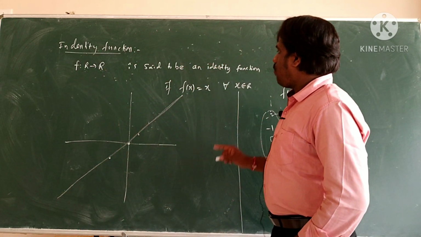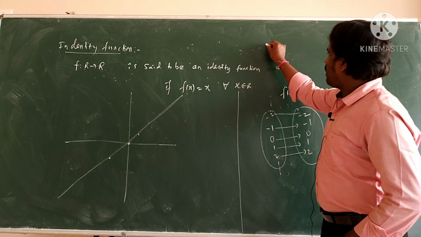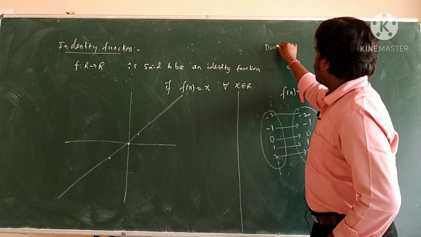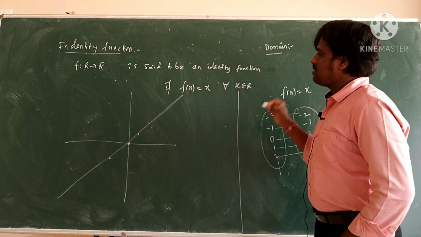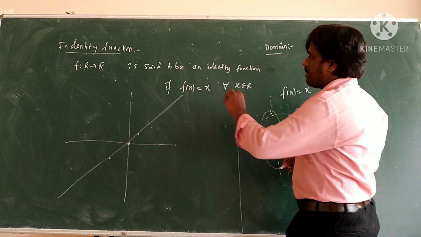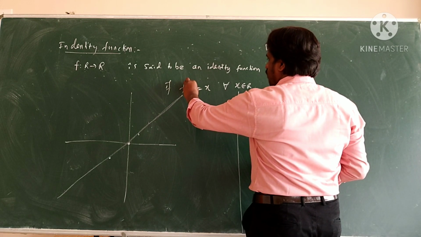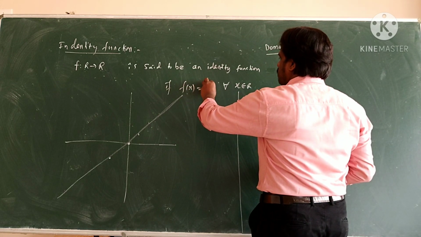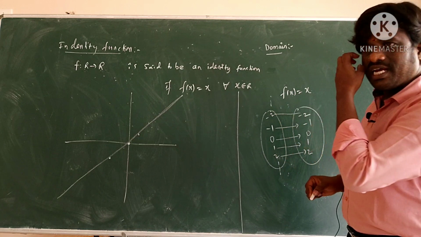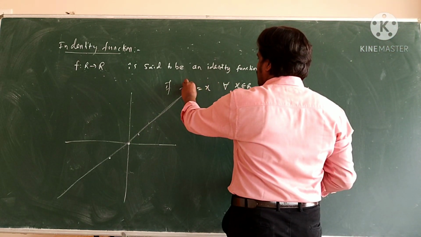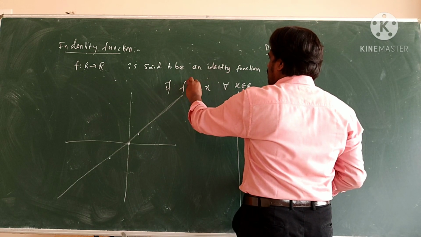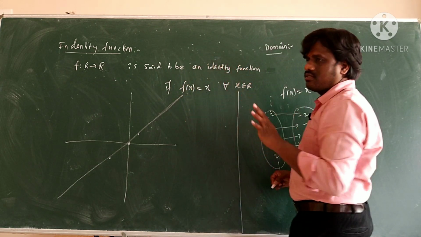In this, what is the meaning of domain? Now I will discuss domain and range. Domain meaning: if I put something inside, will this function accept it or not? Will I get an output or not? If I put something inside and I get an output, then all of those are the domain.